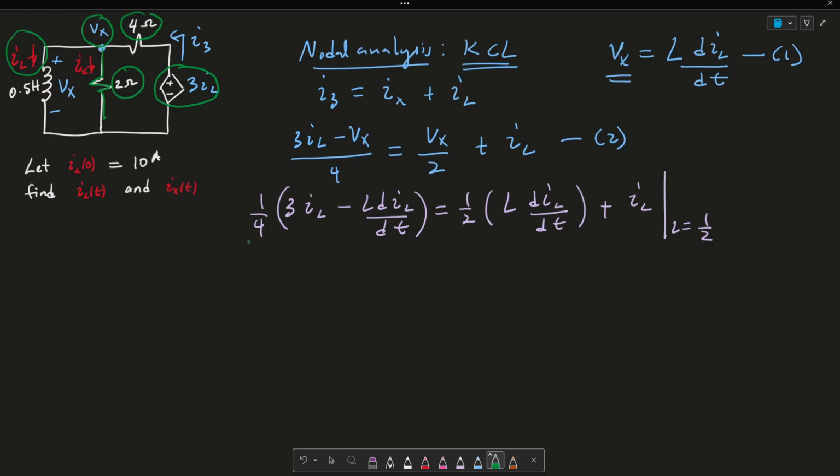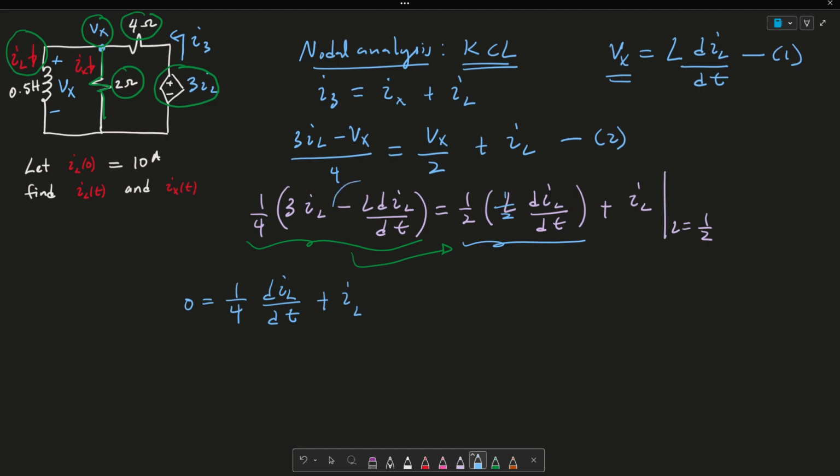So then let me go ahead and move everything here to the right-hand side, and I'll explicitly say the terms that I'm doing. So this term here, 0 is going to be 1/4 because it's 2 times 1/2, so diL/dt plus iL.